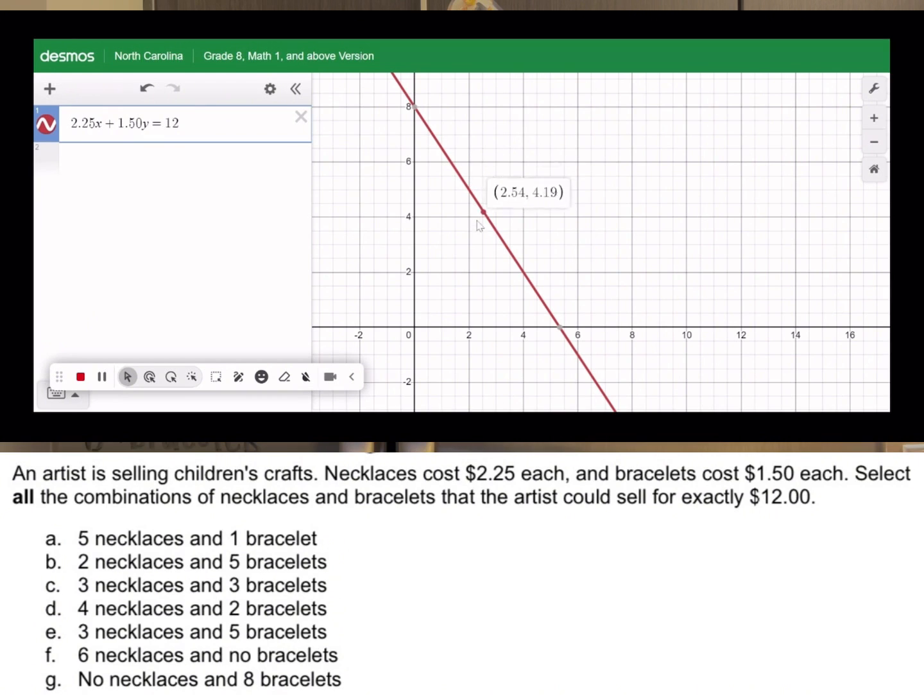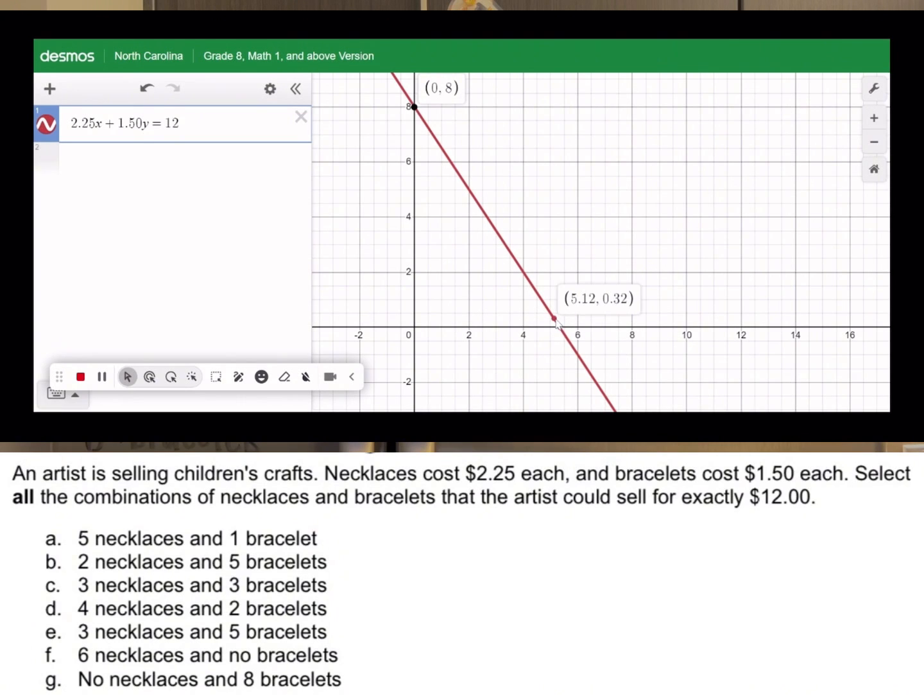So the first one is asking, hold on, because I can't see, guys. The first one is asking about 5 necklaces and 1 bracelet. I know that necklaces is my X. So I'm gonna go to 5 for my X value. 5 will be down here.